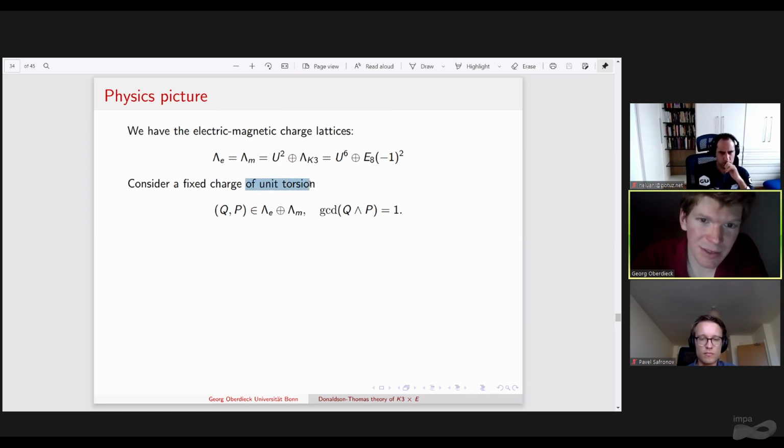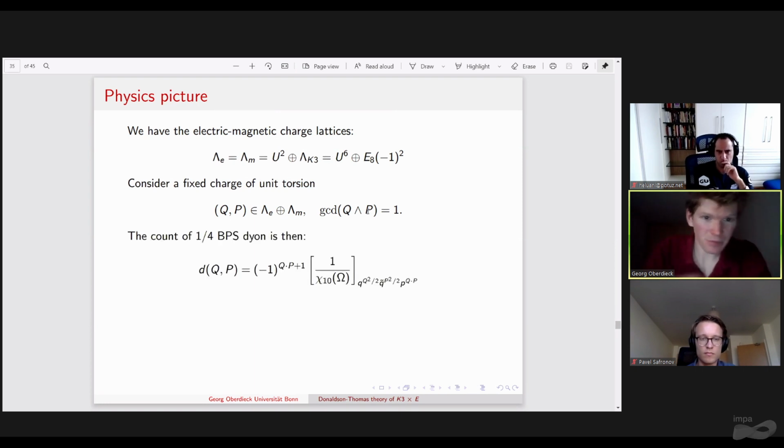We can also make the simplifying assumption that it is of unit torsion, so the GCD of this wedge is one. Then the result I mentioned before essentially says that the degeneracy of quarter BPS lines for this charge is given by a Fourier coefficient of 1 over chi10, where you take the coefficient determined by the intersection numbers of this charge: Q squared over 2 and P squared over 2 for the diagonal coefficients, and Q times P for the anti-diagonal. Everything is corrected by the sign, which should remind you of the earlier sign.